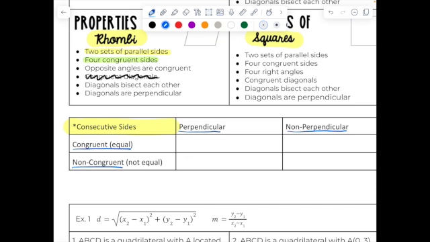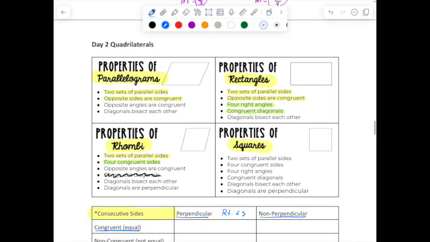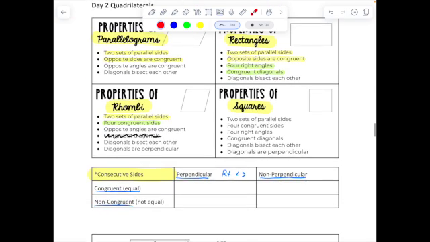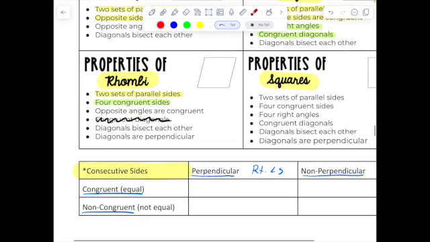So if we have consecutive sides that are perpendicular, that means we have right angles. Well, rectangles and squares have right angles. And if they are not perpendicular, then it would have to be a rhombus or a parallelogram. To figure out how to further categorize this, we need to look at their side lengths then.